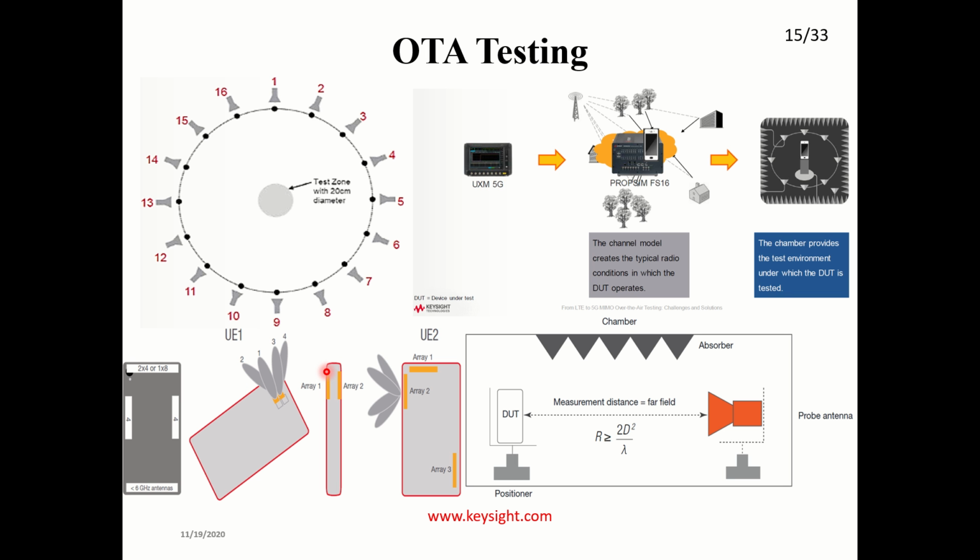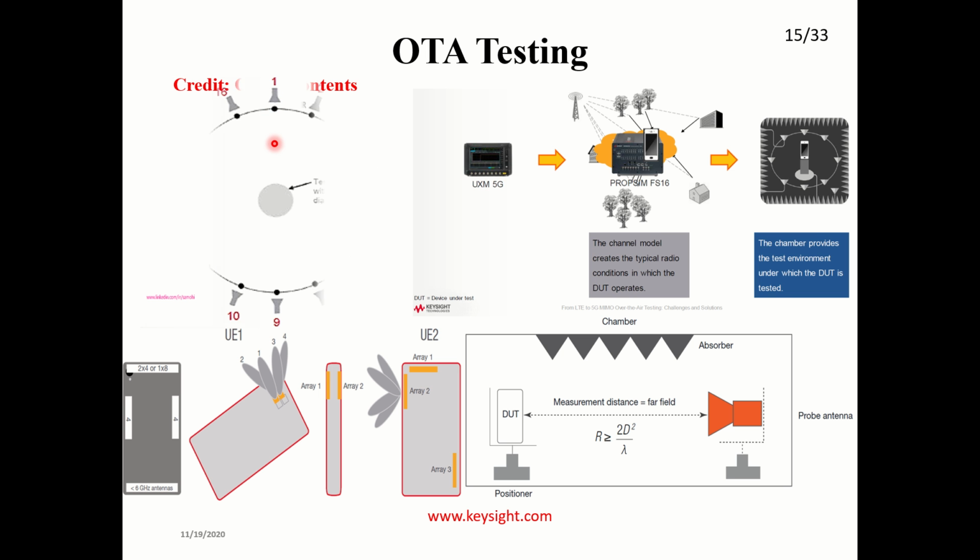Next, in your mobile, you will get different types of beams that you have to capture through these antennas. Ideally this beam sweeping will be happening like this. You have to capture where exactly the beam is, so that you can verify your algorithm as well.